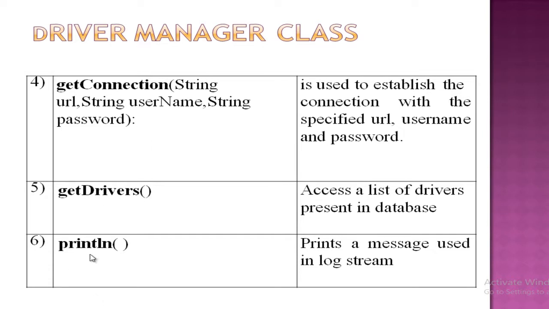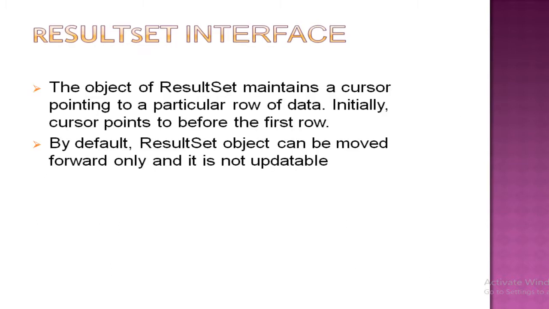Last is println, which we already know, prints the message to the log stream, the print line. Next, the ResultSet interface. The object of ResultSet maintains a cursor pointing to a particular row of the data.